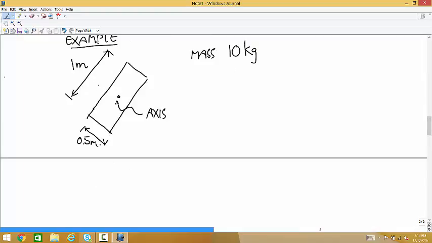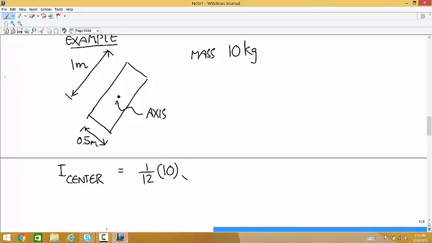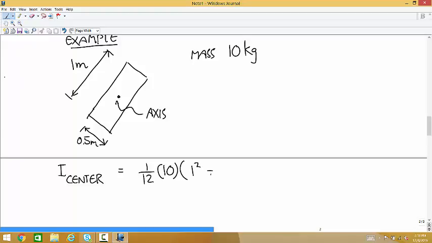then the mass moment of inertia, the measure of how hard this thing is to spin, is 1/12 times the mass times the quantity 1 squared plus 0.5 squared.